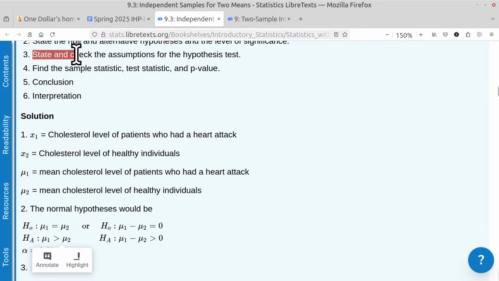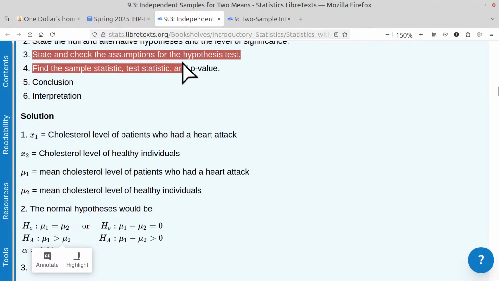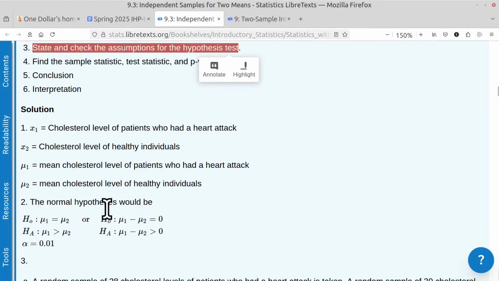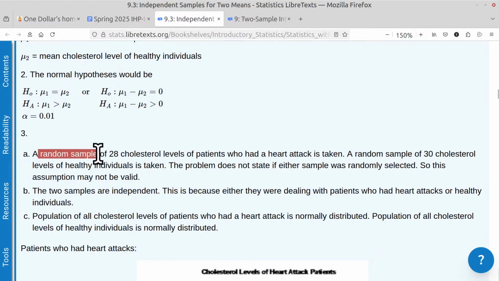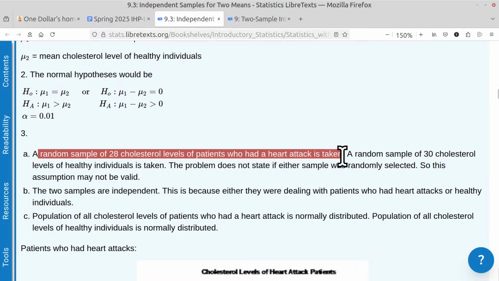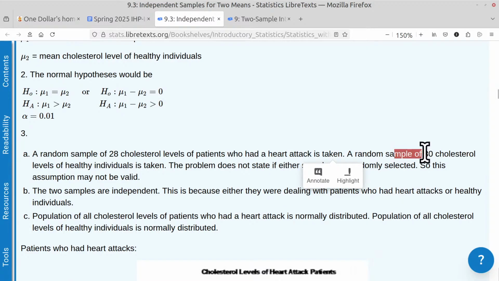Third, state and check the assumptions for the hypothesis test. A random sample of 28 cholesterol levels of patients who had a heart attack is taken, and on the other side, for healthy people, a random sample of about 30 has been taken.